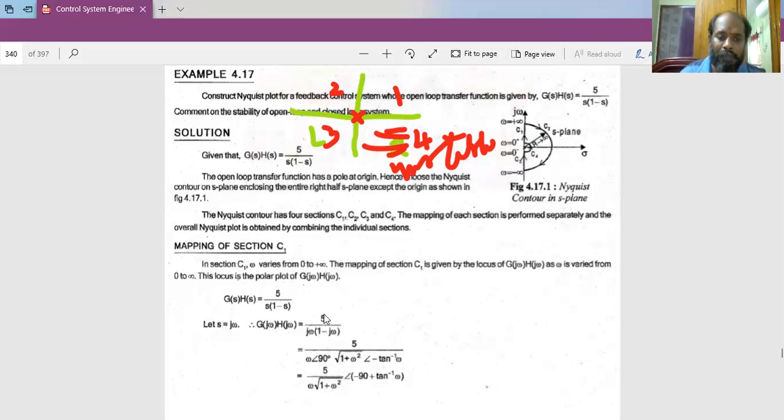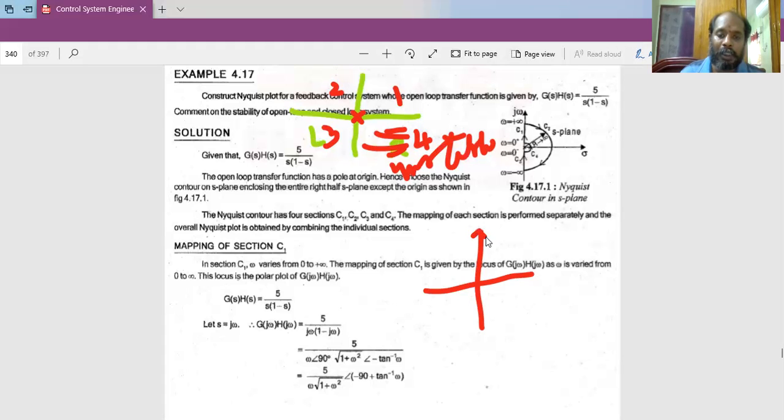Now consider the magnitude. 5 is a magnitude, and it remains as it is. For j omega, the magnitude is square root of 0 squared plus omega squared, so omega is the magnitude. And since j omega is in the denominator, you have exactly a 90 degree for this term.